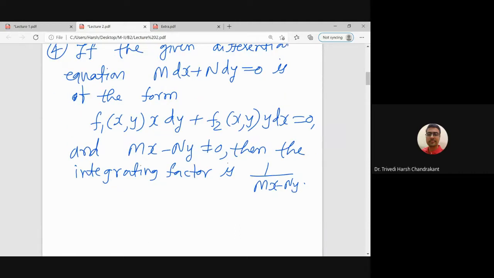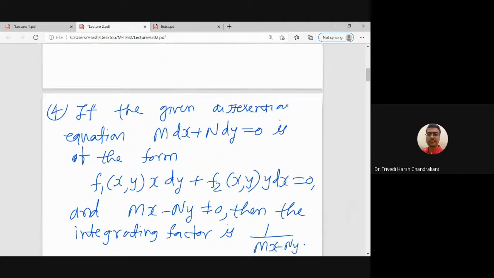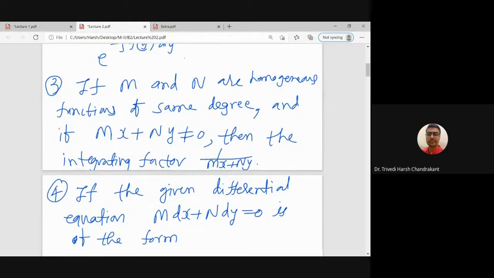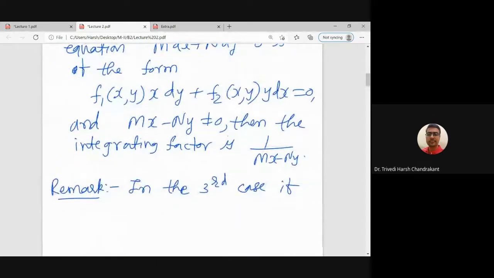There is just a remark in the third case. What is the third case? The third case is that Mx plus Ny is not identically zero. So if Mx plus Ny is 0, then what to do?